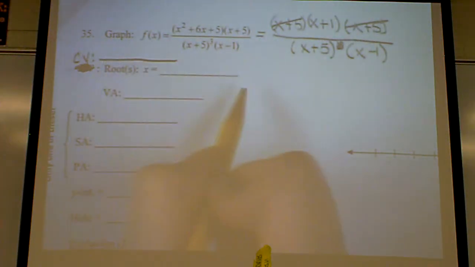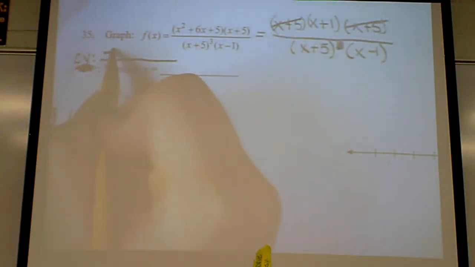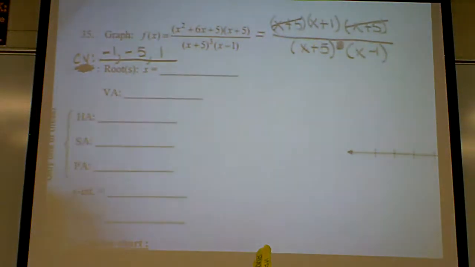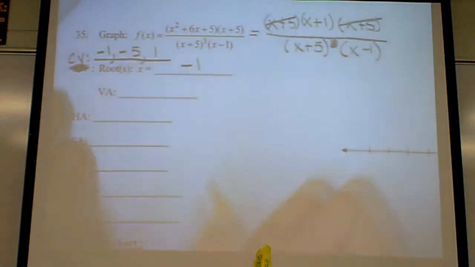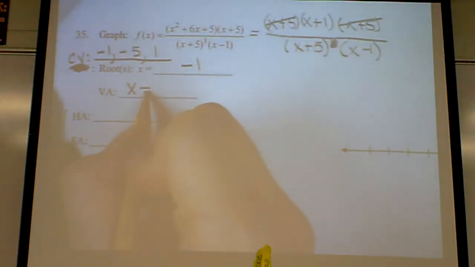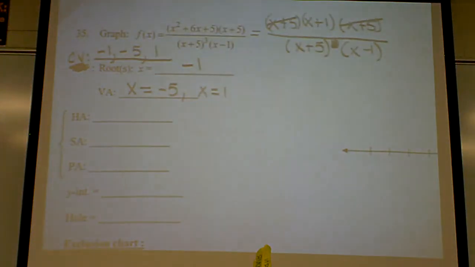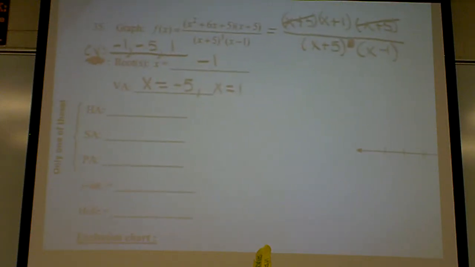So what are my critical values? Negative 1, negative 5, and 1. Which one of those is my root? Negative 1. So I have vertical asymptotes at x equals negative 5 and x equals 1. What other type of asymptote do I have?